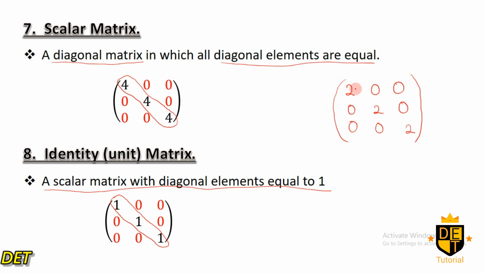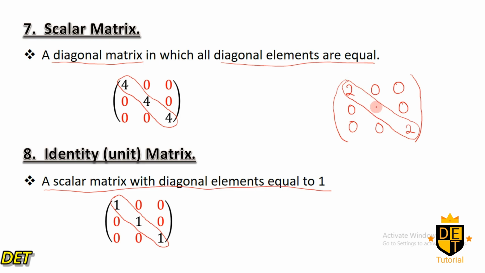This matrix is an example of a scalar matrix, because the diagonal elements are what? Are equal. The diagonal elements are equal, and that is why it is a scalar matrix.